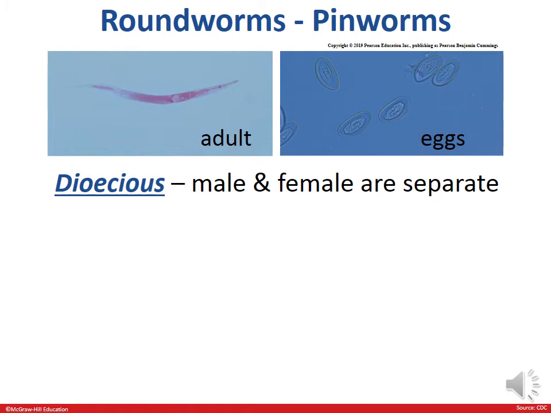And they mate in the colon. How romantic, right? And then the female will crawl out of the anus at night when the person is sleeping and is very still. That's sort of the trigger for the female to go out to the perianal region and lay the eggs, and then crawl back in and do it again.